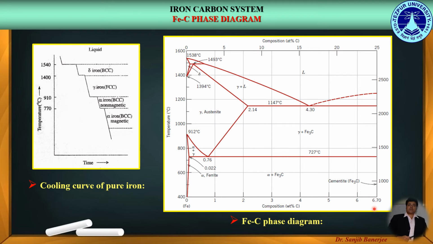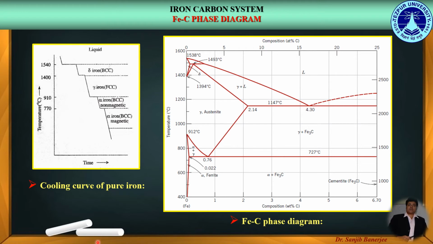Therefore, as a matter of fact, the iron carbon phase diagram should be called the iron Fe3C, that is cementite metastable diagram, since in real practice the nucleation of stable equilibrium graphite, that is pure carbon, is very much difficult.